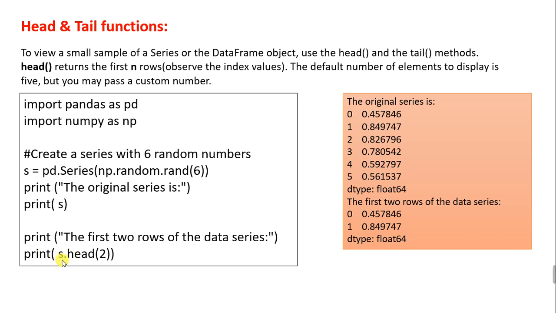We use the series name dot the function name, head, and I am specifying the custom number 2. That means I want to view only the first two elements of the series. When I give the command like this, the result is before you. The first two rows of the series are shown, at 0 one number and at 1 another number. If I do not pass any value here, and simply write s.head with empty parentheses, then it will take out the first 5 only, as per the default number. Is it clear?